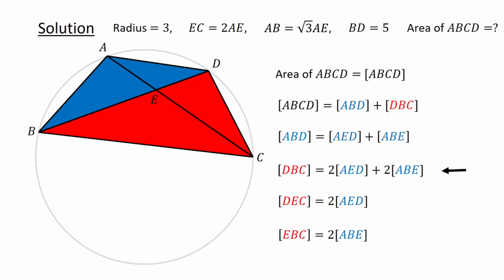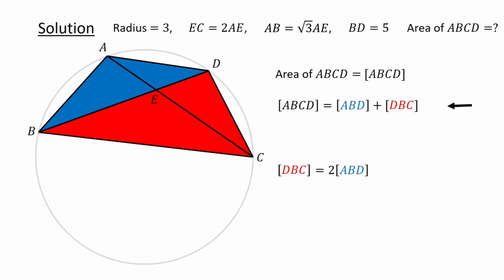And since area of ABD equals area of AED plus area of ABE, area of DBC equals 2 times area of ABD. This implies that area of ABCD equals area of ABD plus 2 times area of ABD. And so area of ABCD equals 3 times area of ABD.